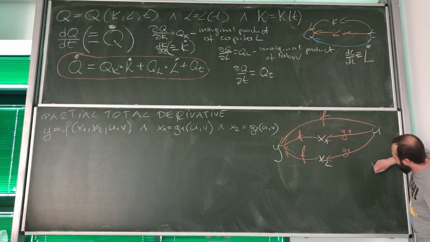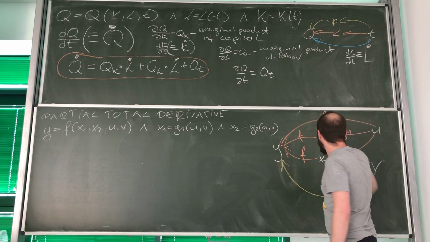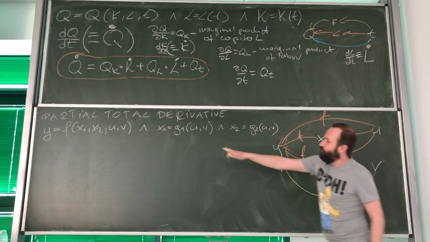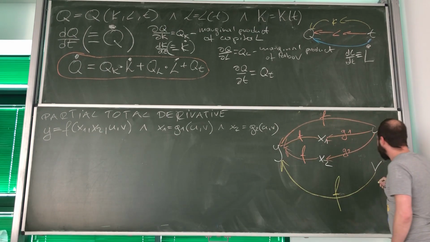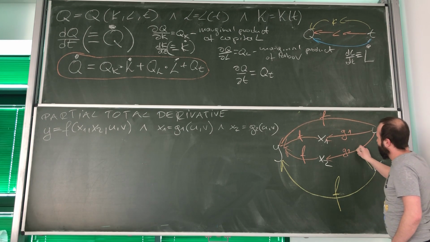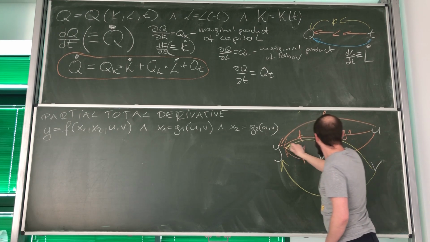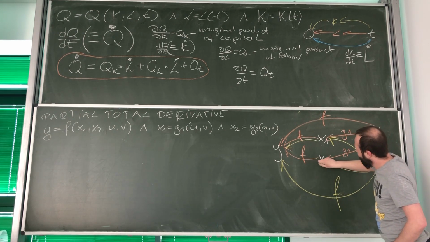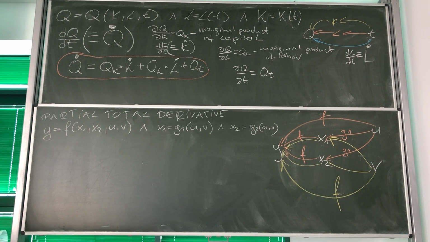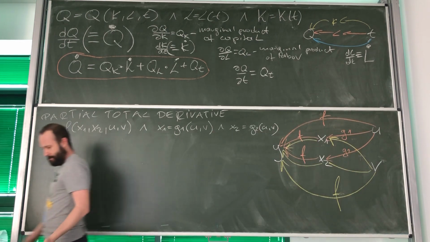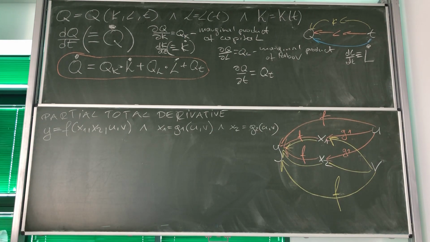Look, we see that v influences y directly through function f, and then indirectly through x1, and indirectly through x2. Okay, so we see here that the situation gets very, very complex.